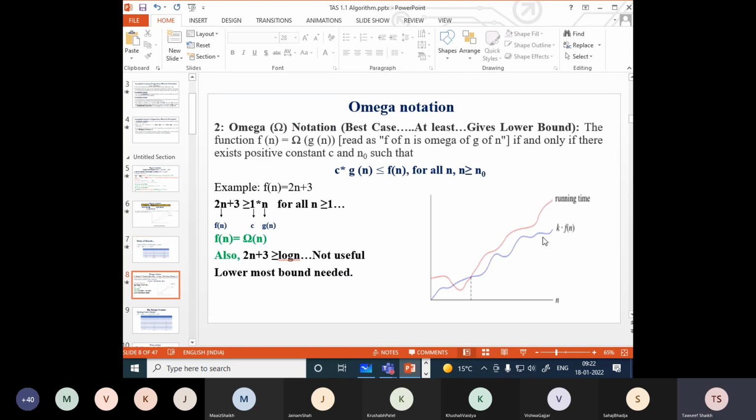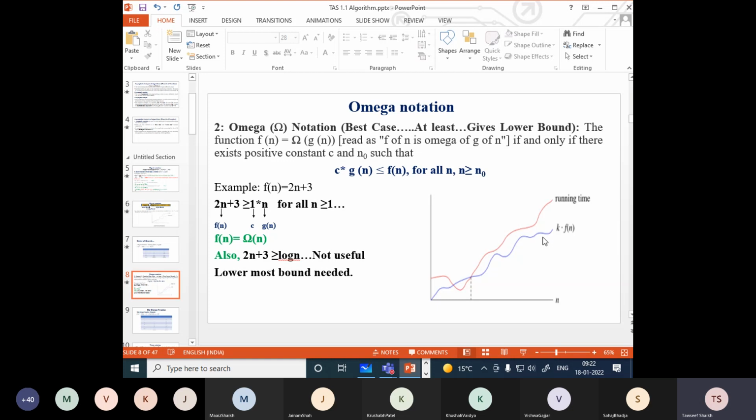Now, omega notation. Like I said, the big O notation gives the upper bound, which is least in nature. Similarly, the lower bound, which is maximum in nature, the lower maximum bound, is given by the omega notation. Some people call it the best case. It gives the best case of the algorithm.